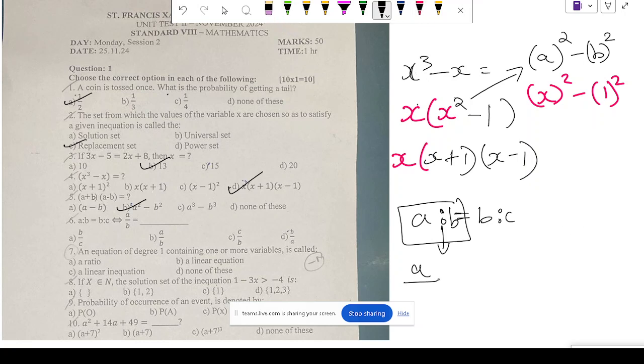You divide it, so it becomes a divided by b should be equal to b divided by c. Simple question, you have to just divide it. What was the answer you got?